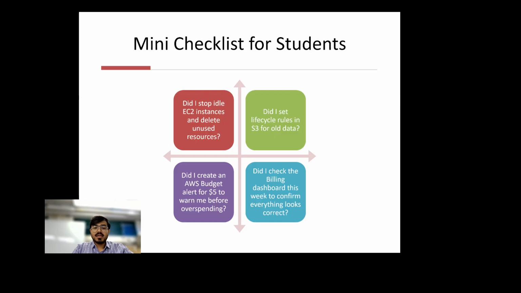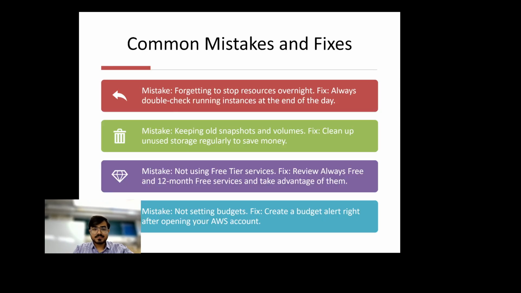Did I set lifecycle rules in S3 to move old files to cheaper storage? Did I create a budget alert for $5 this month? Did I check my billing dashboard this week? If you can answer yes to all these, you are managing AWS like a pro. Let's move to the next one.